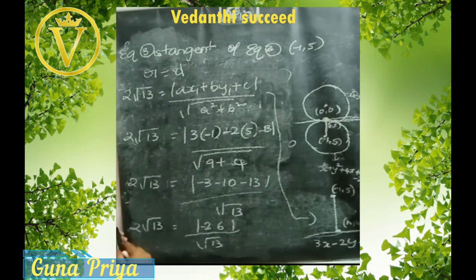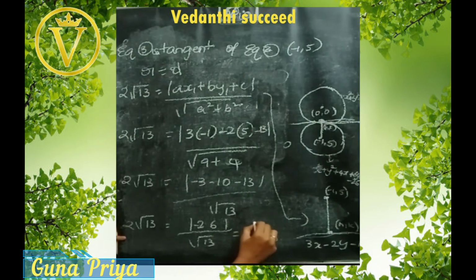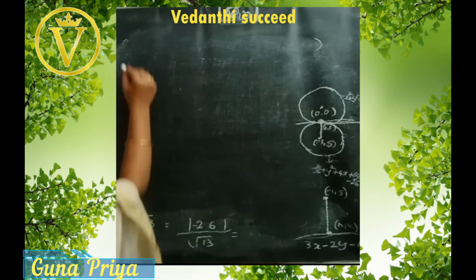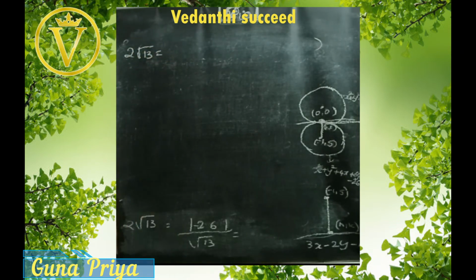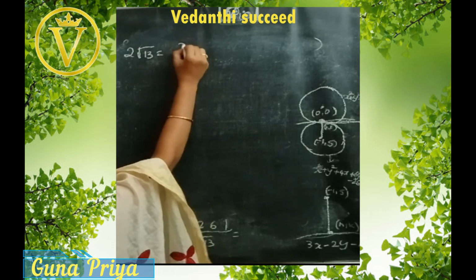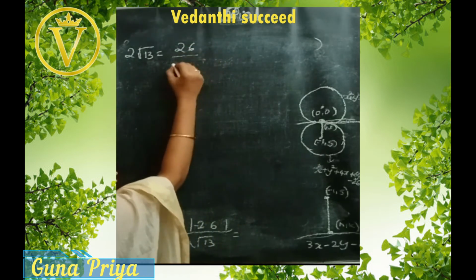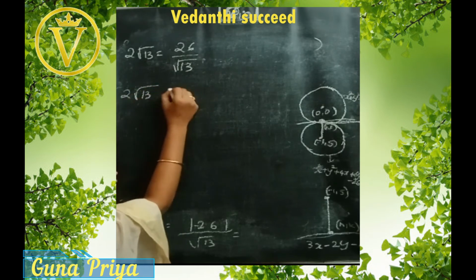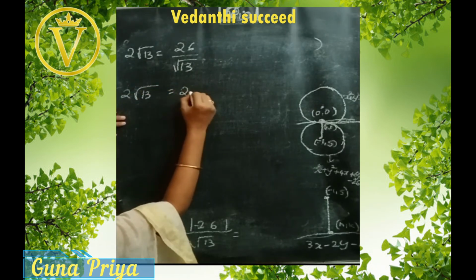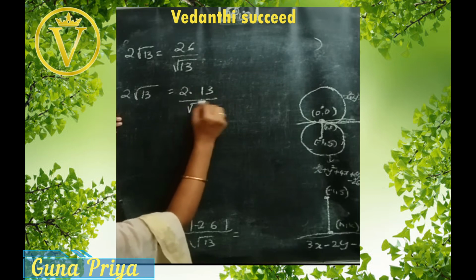So minus 26 means 26, because mod removes the negative value. So 2 root 13 equals 26 by root 13. I can write 26 as 2 into 13 by root 13.